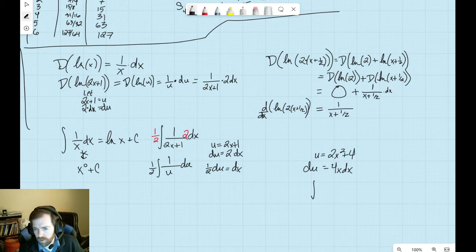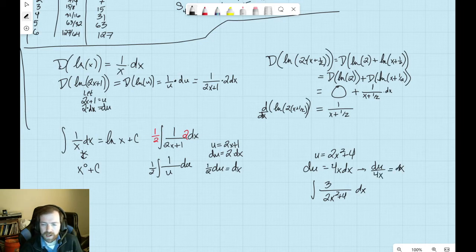And their integral was like, 3 over 2x squared plus 4 dx. And they're like, but I don't have a 4x. Like, I don't have an extra x. So I'm just going to take that whole thing over and say that du over 4x is equal to dx. And now I can just trade out dx. Do not ever do this. Ever.